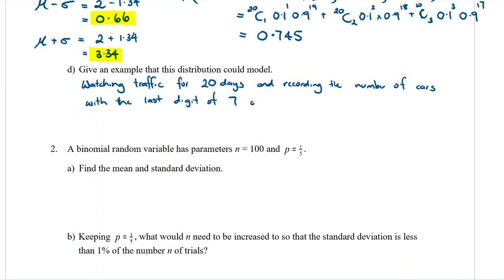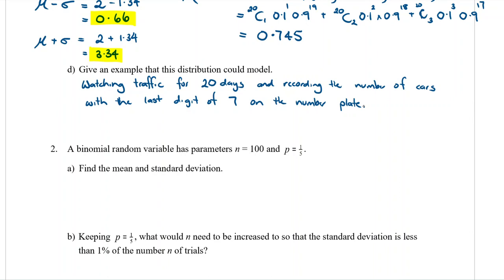So last digit of 7 on the number plate. I don't get this, but that makes sense. Yeah, you can think of anything, as long as it's got 20 trials and the probability is a 1 in 10 chance.